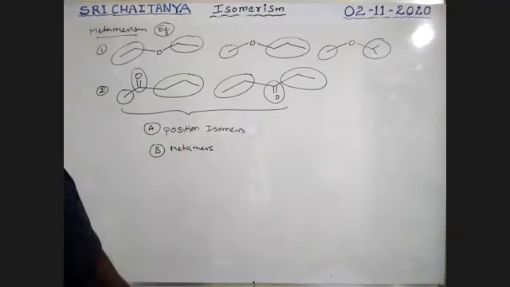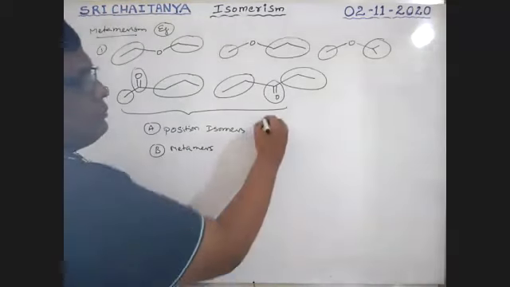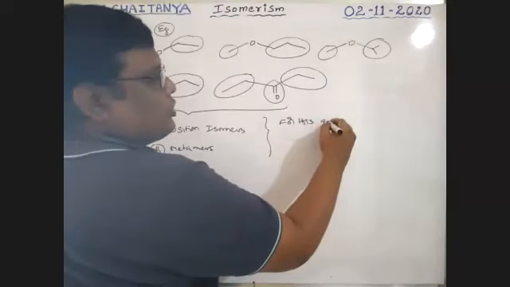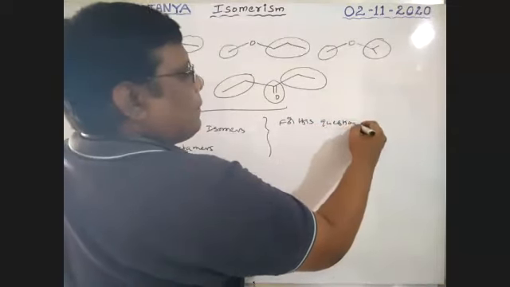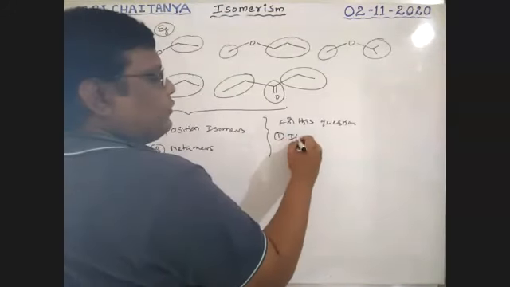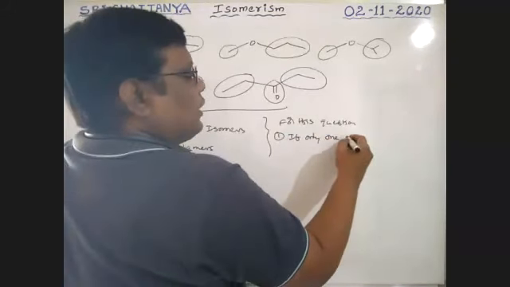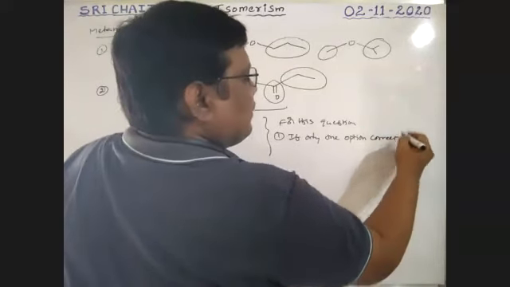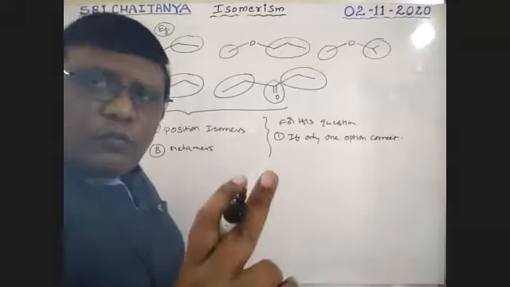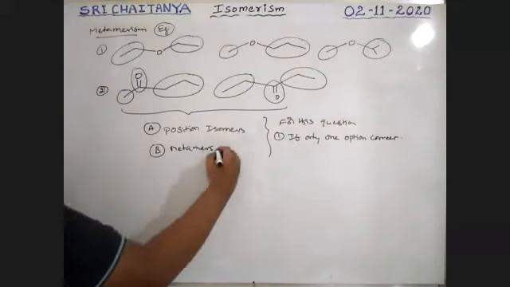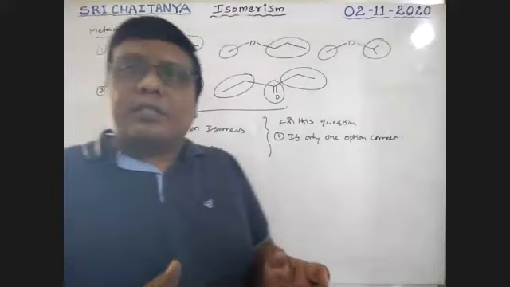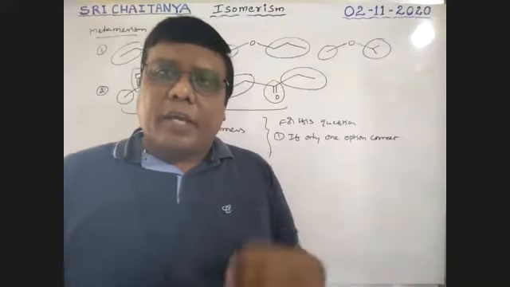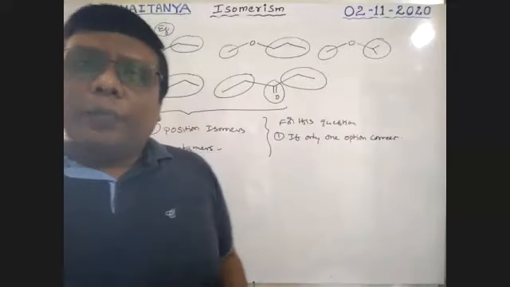So it is very, very important, boys. For this question, if the question says only one option is correct, then these are metamers, because metamers dominate position isomers. Metamers have more priority than position isomers.